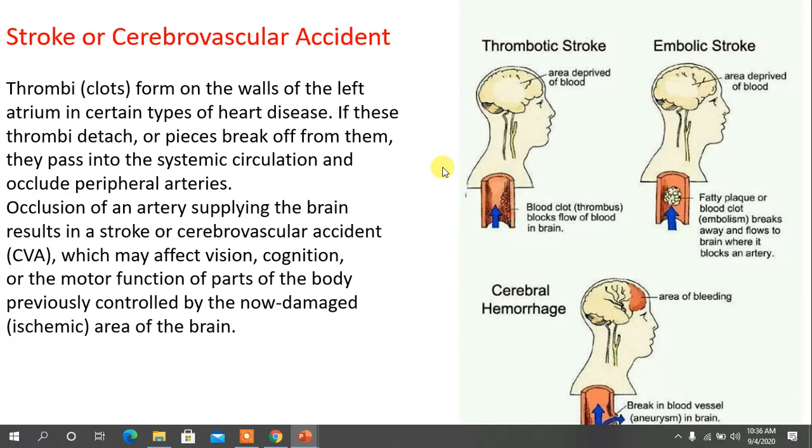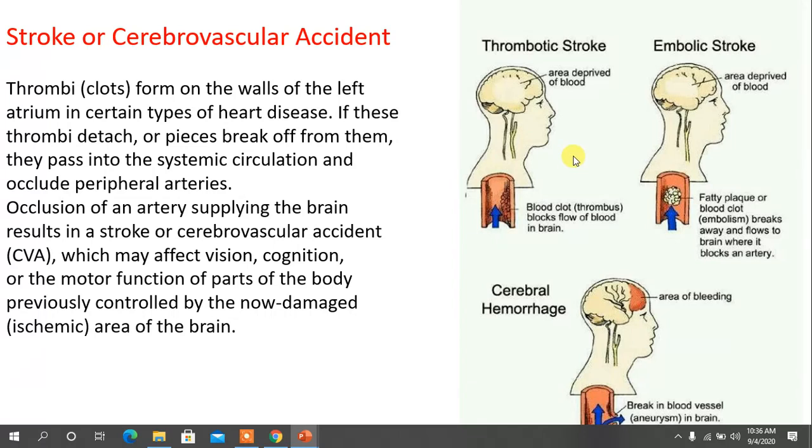Thrombi on the wall of the left atrium or on the valve can dislodge, detach, and pieces breaking off from them pass to the systemic circulation, occluding peripheral arteries.